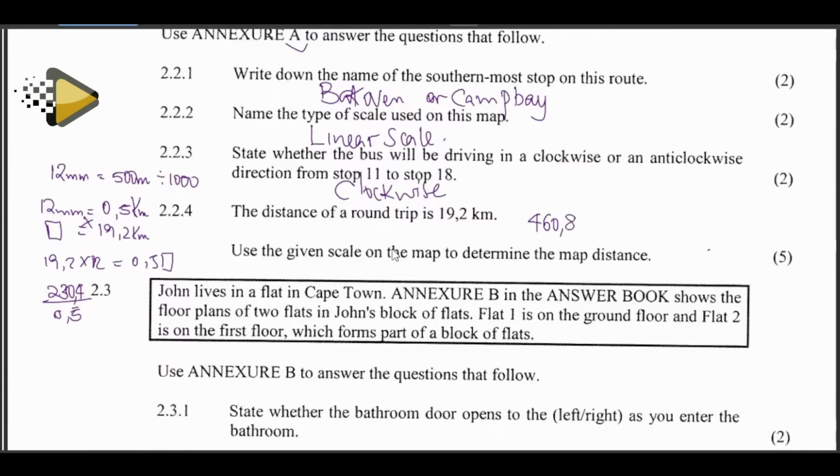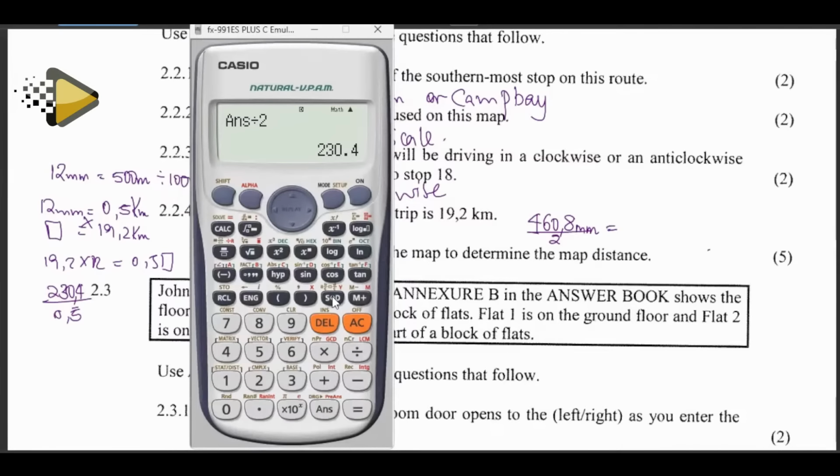Remember, these are millimeters. And don't get scared, but since they said a round trip, meaning a single trip, you would divide it by 2 to make sense out of it, which is 230.